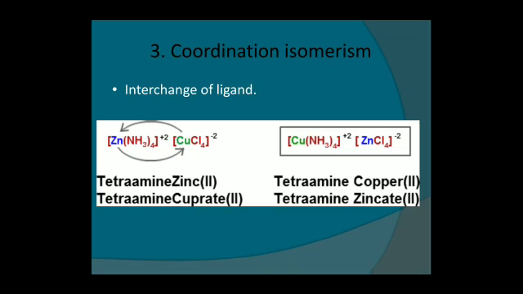In its coordination isomer, hexaammine chromium hexacyanocobaltate, the ammonia ligands are bound to chromium +3 and the cyanide ligands to cobalt +3.